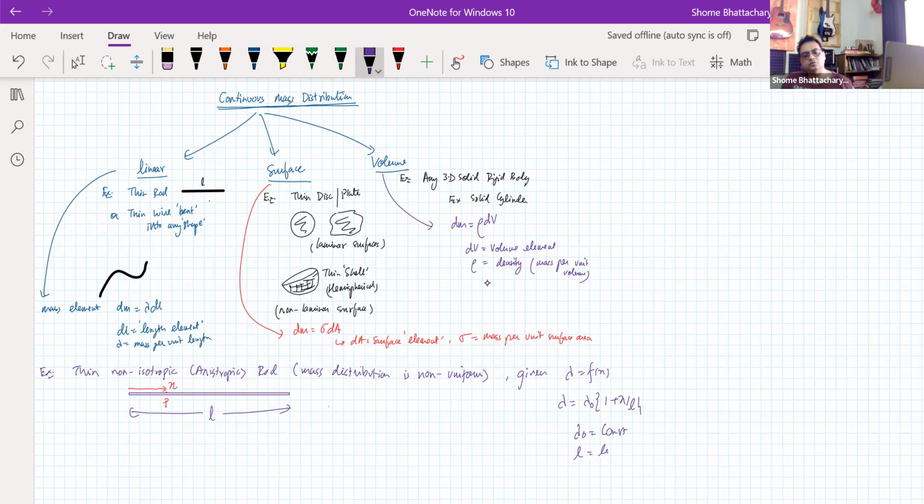L is the length of the rod. X is the distance from end A of the rod. Okay, so you have to locate the position of the center of mass.